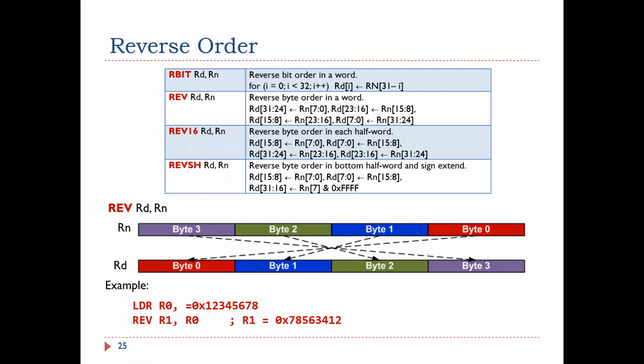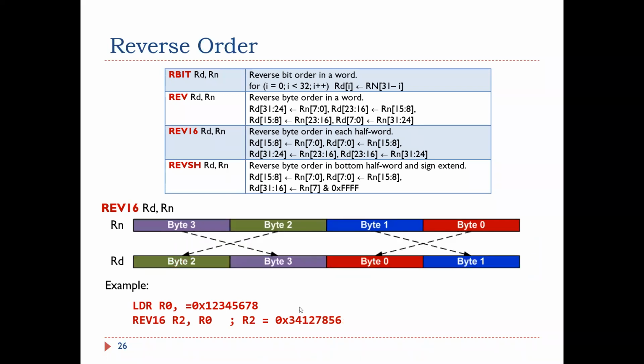So if you have to reverse in half word boundary, then you have to use REV16. In the REV16, we're doing the byte reversal, but the reversal is done by half word boundary.